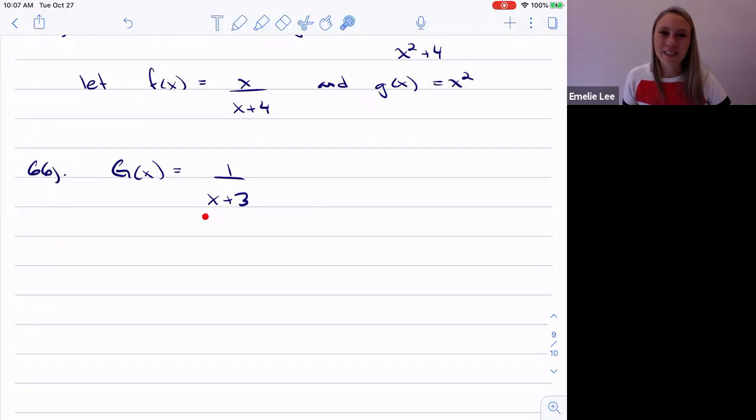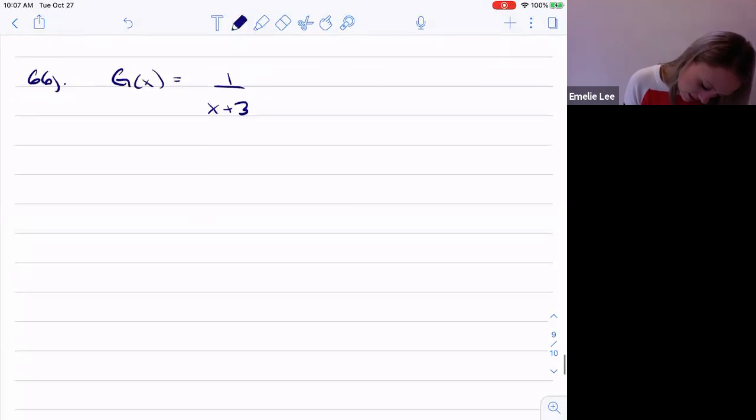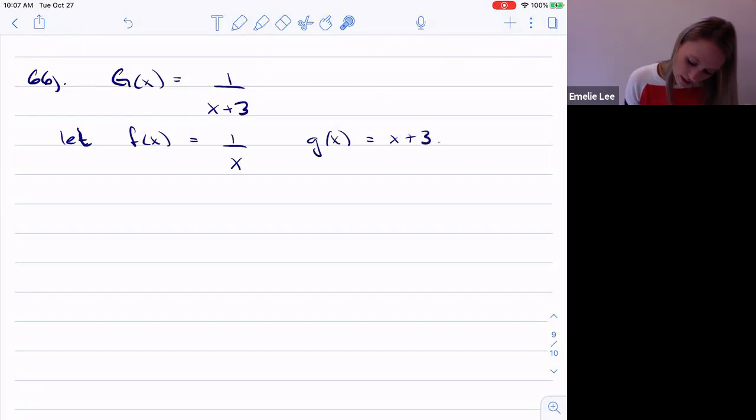You could do something silly like g of x is x, but let's not do that. Let f of x be 1 over x and g of x be x plus 3. Then f composed with g of x is, wherever you see an x here, you replace it with g of x, and then x plus 3 takes its place to make 1 over x plus 3.